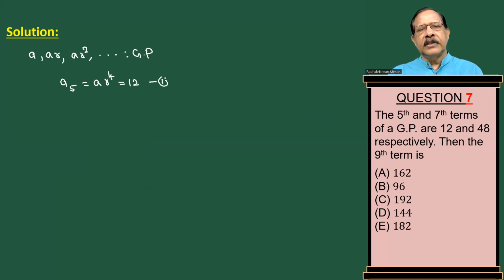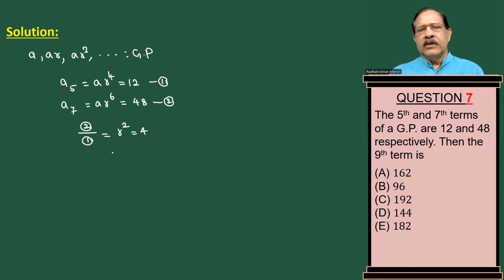Call this equation 1. Now, the seventh term, A7, equals A into R raised to 6, which is equal to 48, given. We can find R from here. You divide 2 by 1, and you will be getting R squared equal to 48 by 12, which is 4.